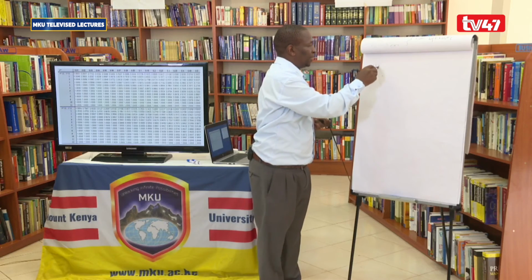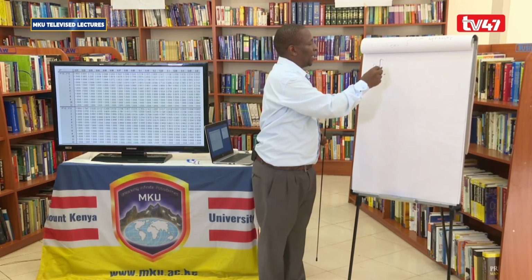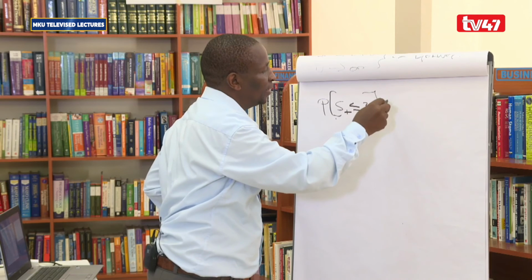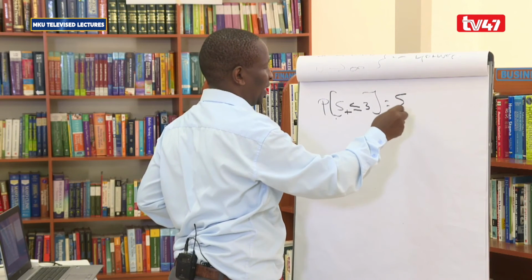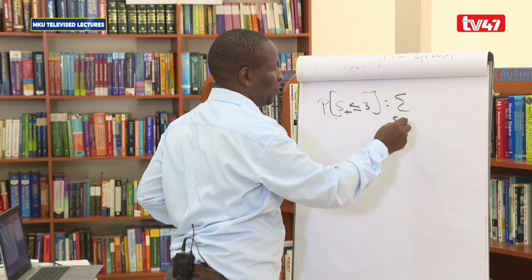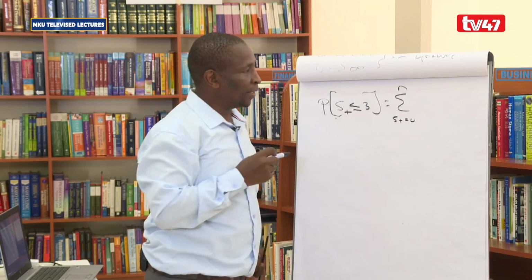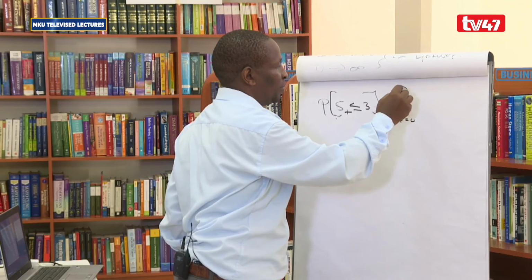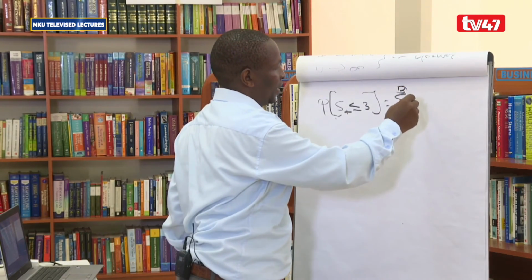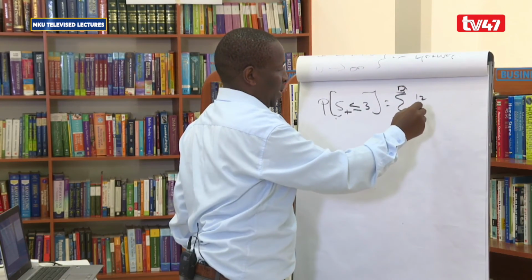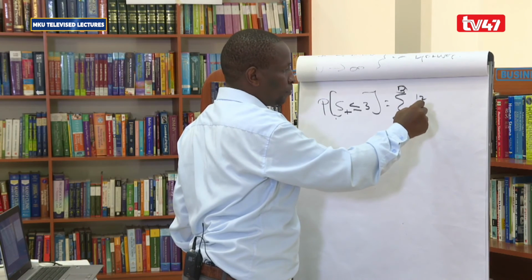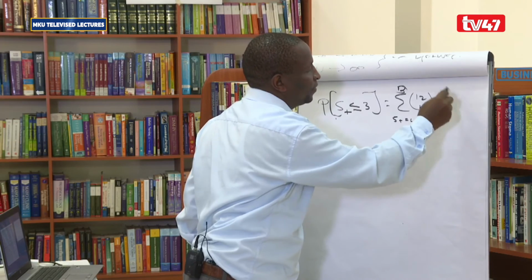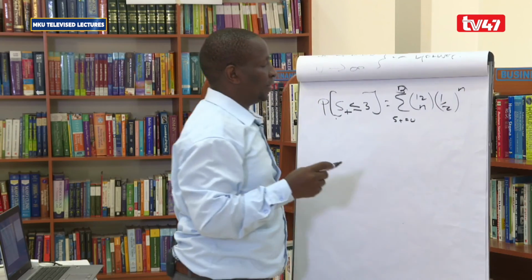This is the probability that S plus is less than or equal to 3, which is simply equal to the sum over S plus equals 0 up to 3, of 12 choose n, times a half raised to the power 12.